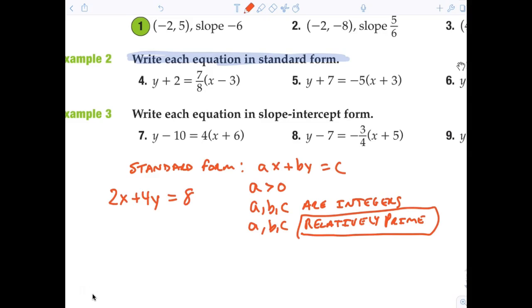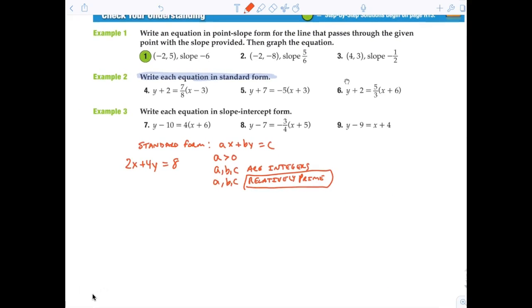Everybody hearing me? X and y have to be on one side, and the constant has to be on the other side. Now, for question number 4, are they asking me to graph it? No, they're not asking me to graph it. So again, all we're doing is writing these 3 equations in standard form.